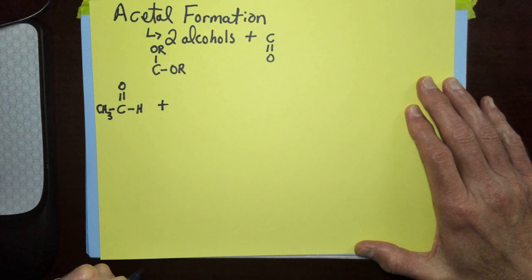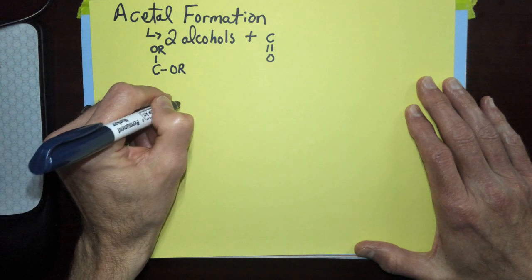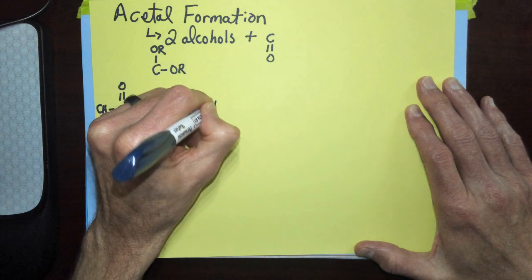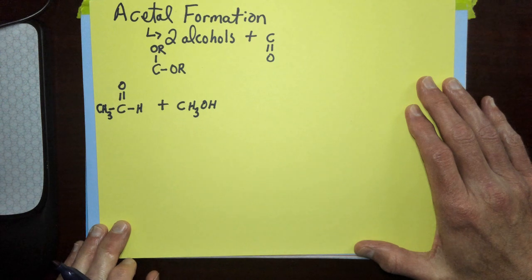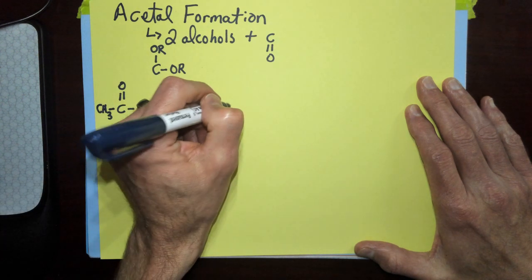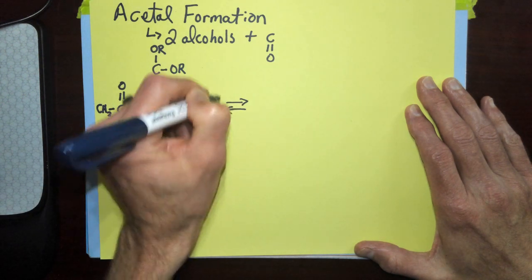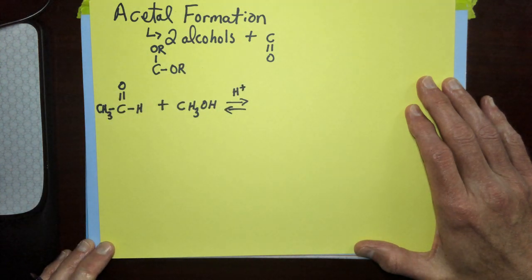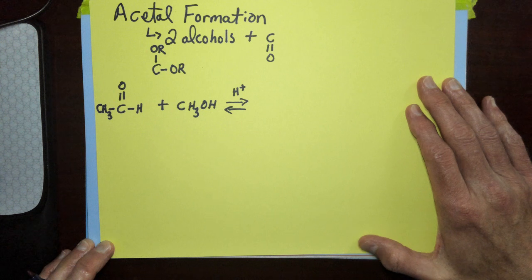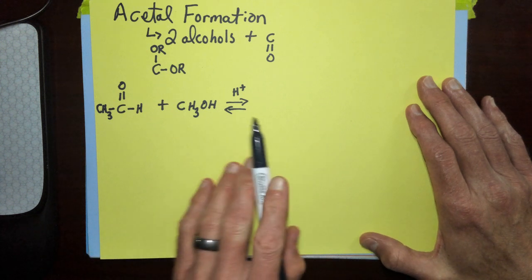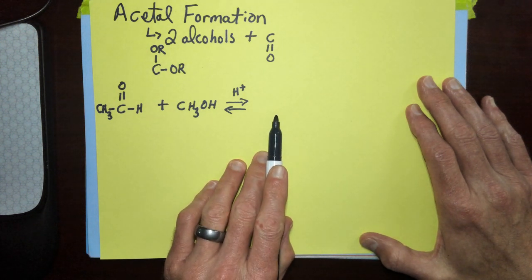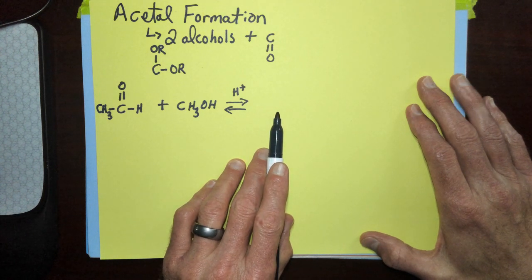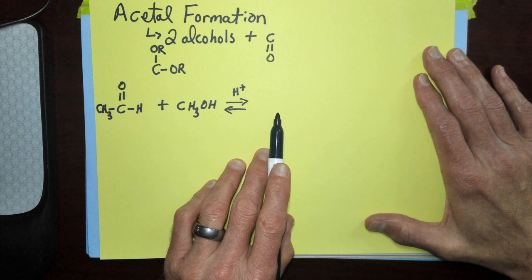Let's just use methanol, CH3OH, and the acid catalyst. So this would lead to a hemiacetal. Now we continue to add the alcohol and we get an acetal.